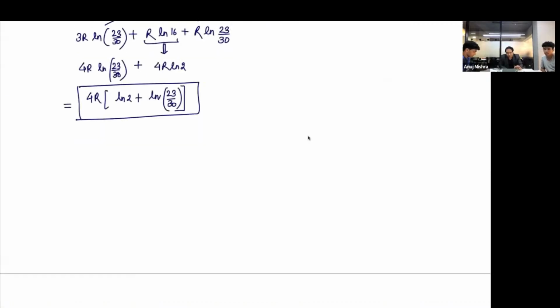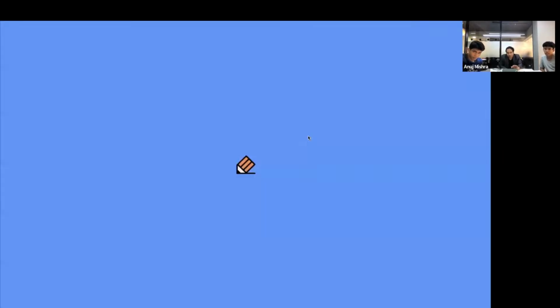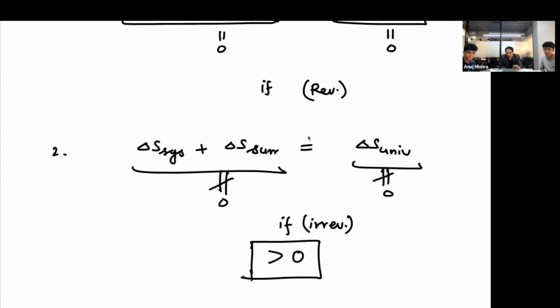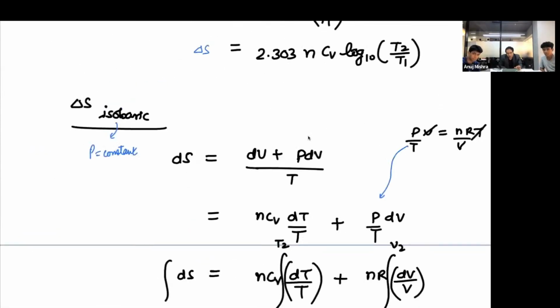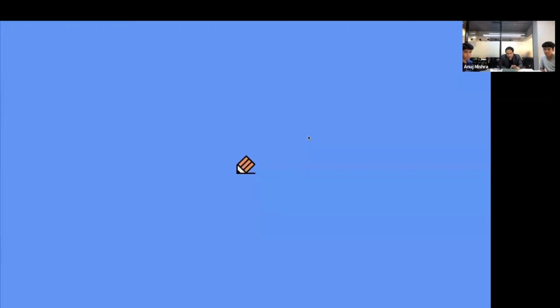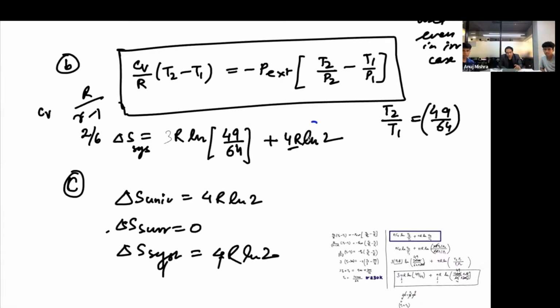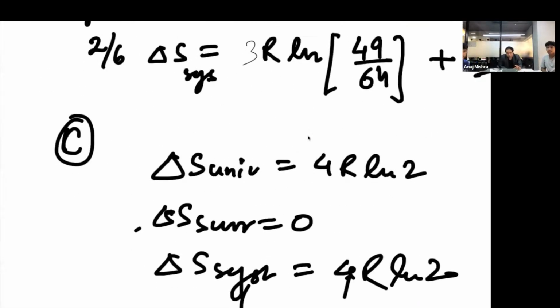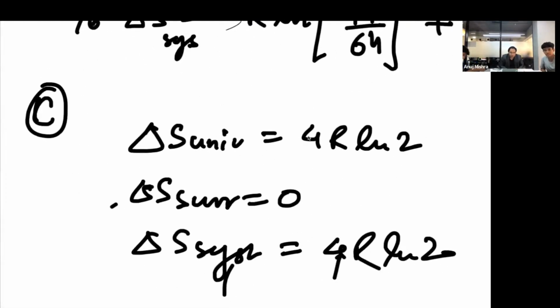So your answer for the last part will become 4R ln 2. Note it down: 4R ln 2, 0 and 4R ln 2 are your answers. Clear? Universe is 4R ln 2, surrounding is 0, system is 4R ln 2.